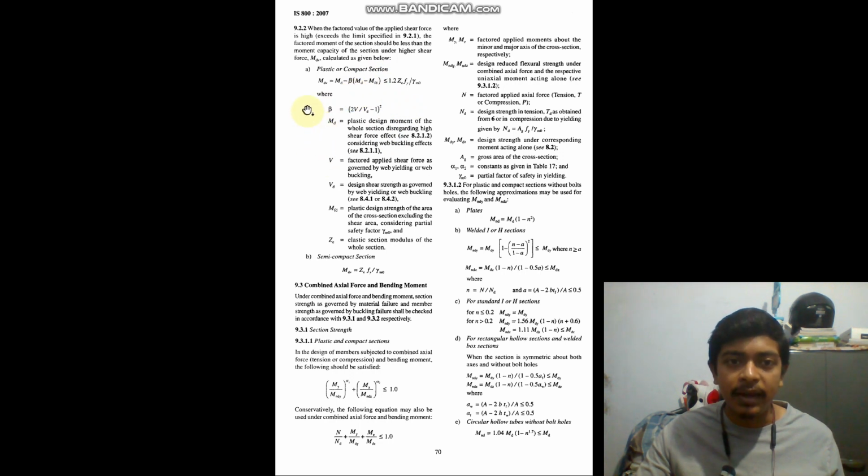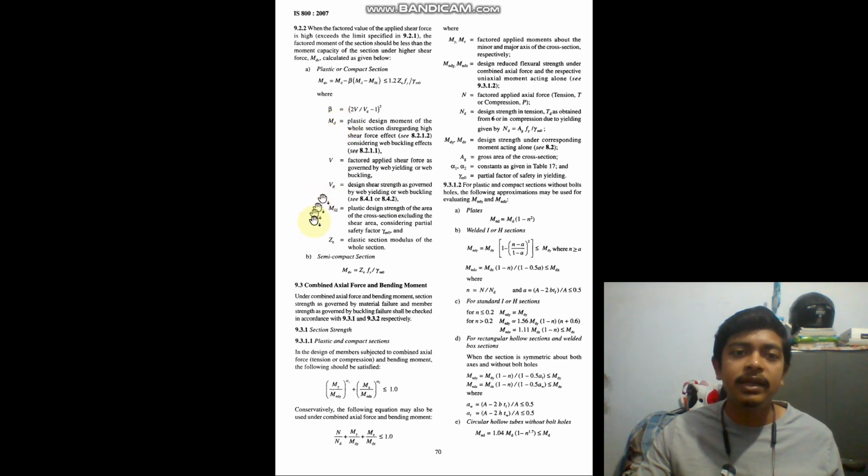So simply applying this formula, you can see here beta is given as (2V/Vd - 1) squared. V is the factored applied shear force as governed by web buckling, and Vd is design shear strength as governed by web buckling, right? So this is the applied shear force and this is the capacity of the section.